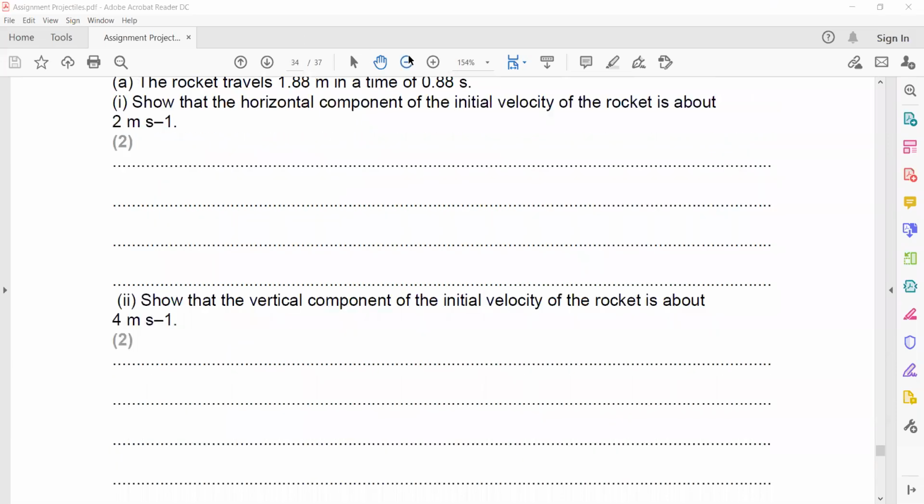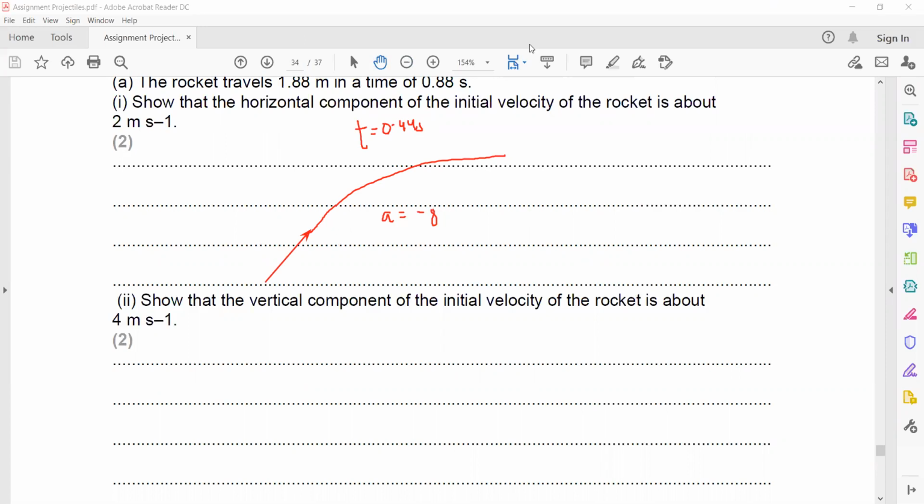If 0.88 is the total time, how much time will it take to reach the maximum height? It will take half of the total time, so it will be 0.44. And the acceleration is due to gravity, basically deceleration will be there.